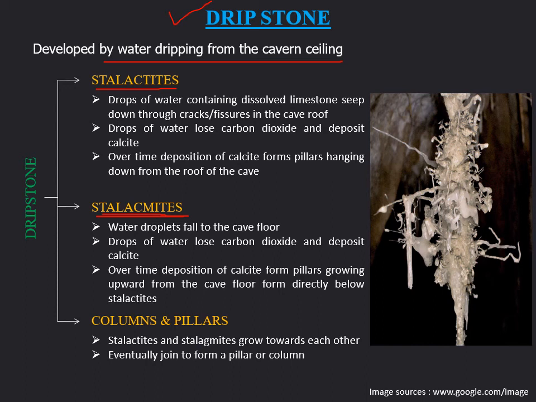It may go horizontally, it may grow obliquely, and it may go downwards. So in every possible direction, these kinds of growth can happen, and this is a special form which is known as helictite.